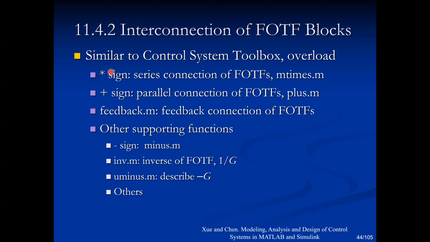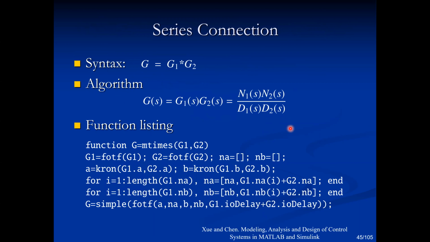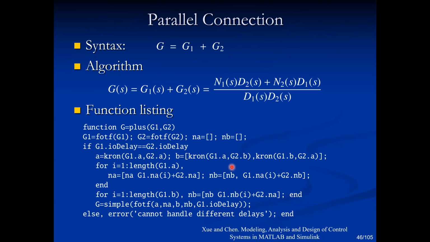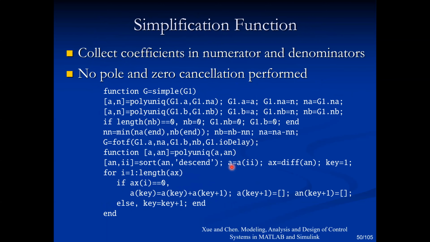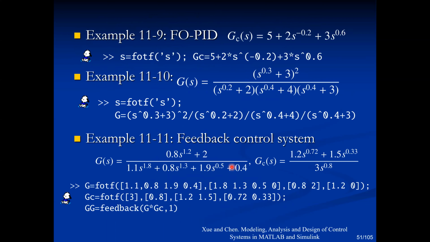So you have multiply, plus, feedback, all of this can be overloaded. It's called operator overloading. Very beautiful. And with two together, G1, G2, you just treat it as if it is integer order. The only difference is when you first enter it. All others are implemented, so you don't know the details. If you want to learn them, you can.